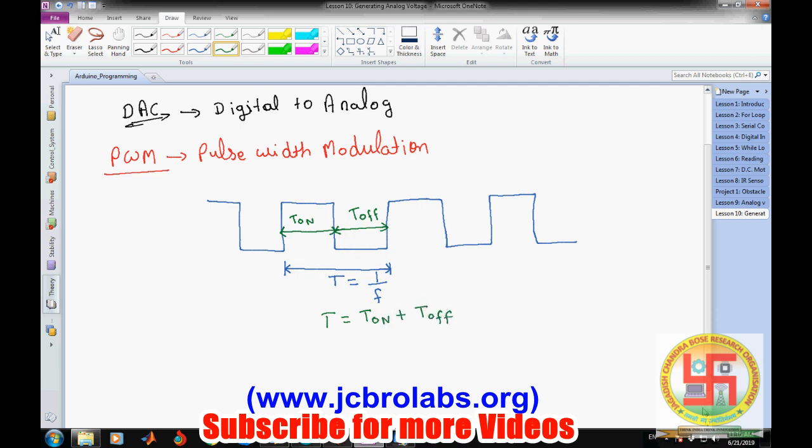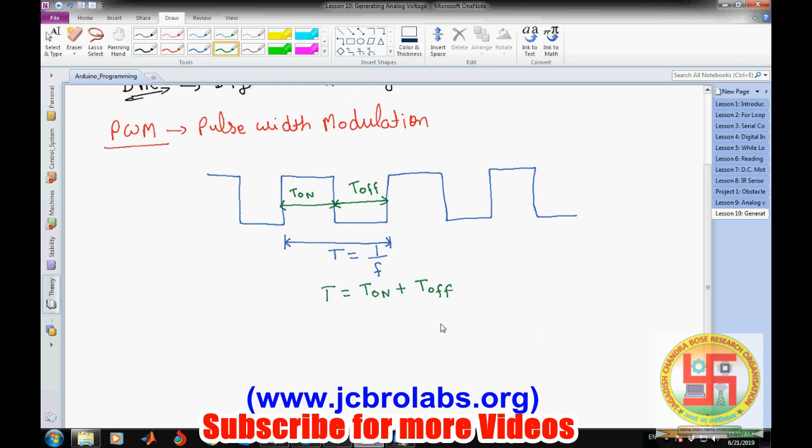Now there is another term, which is defined as the duty cycle. Duty cycle is equal to T on divided by T. If we represent this high as plus 5 volt and this low as 0 volt, the average voltage value which we will be getting here will be simply duty cycle into 5.